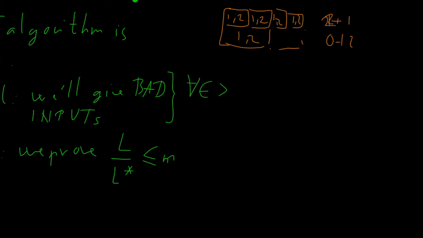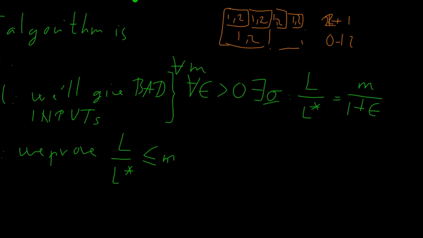For every possible epsilon, we will define an input on which the algorithm's cost divided by the optimal cost will be m divided by 1 plus epsilon, and of course for each m, which means that if epsilon goes to 0, then this will tend towards m, and that will prove our point.